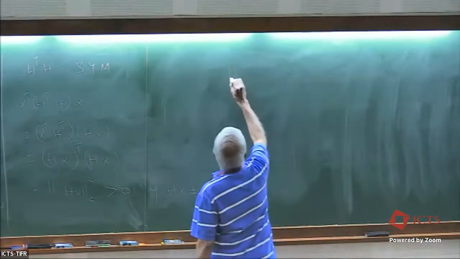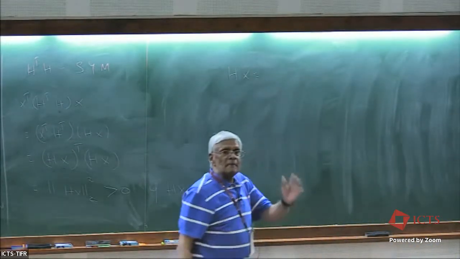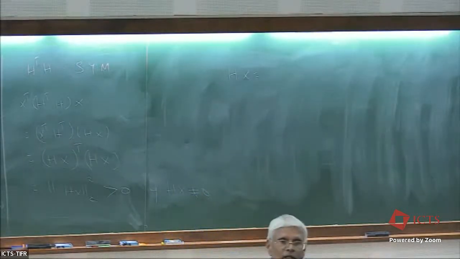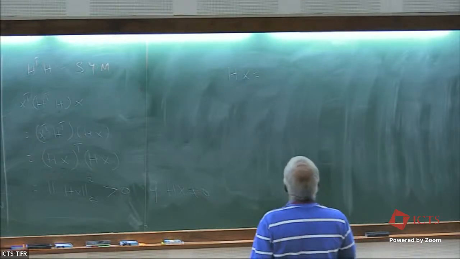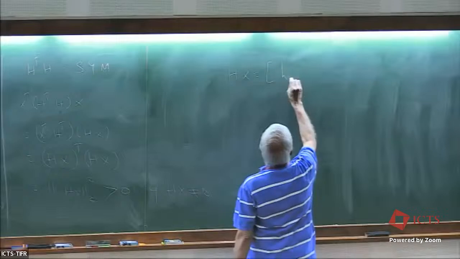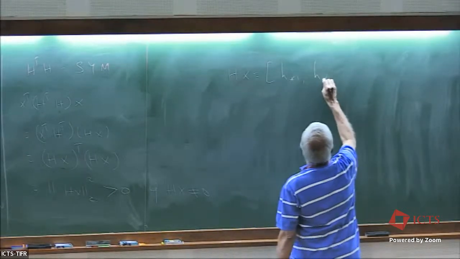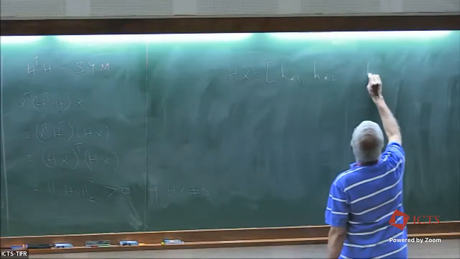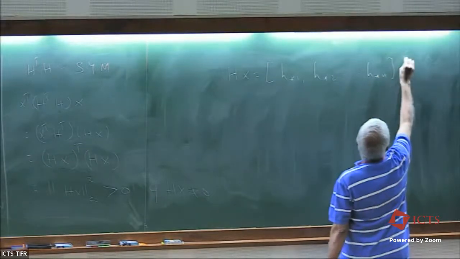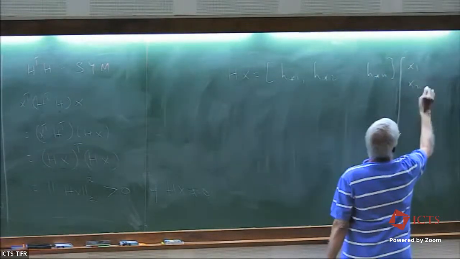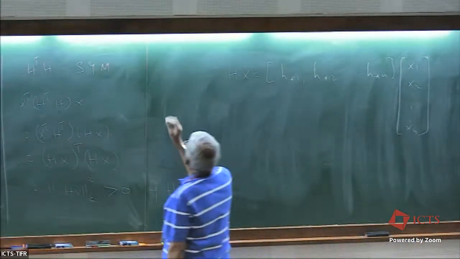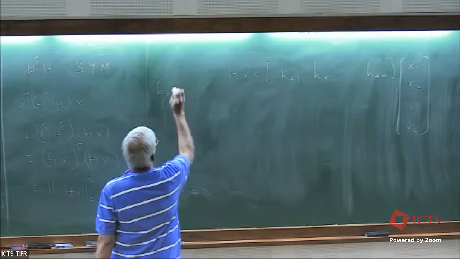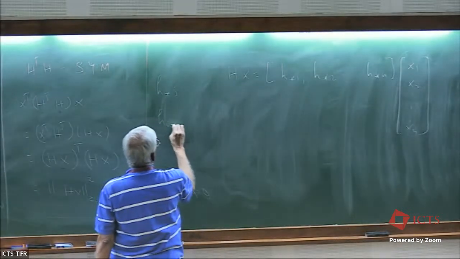So H of X, you remember a matrix can be partitioned either row-wise or column-wise. I'm going to partition this matrix H column-wise. So this is H star 1, H star 2, H star n, times x1, x2, xn. Please understand, H star j refers to the jth column. H i star refers to the ith row.